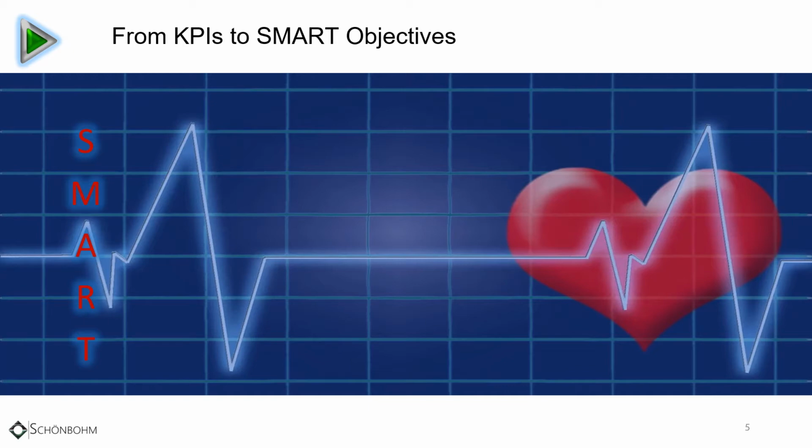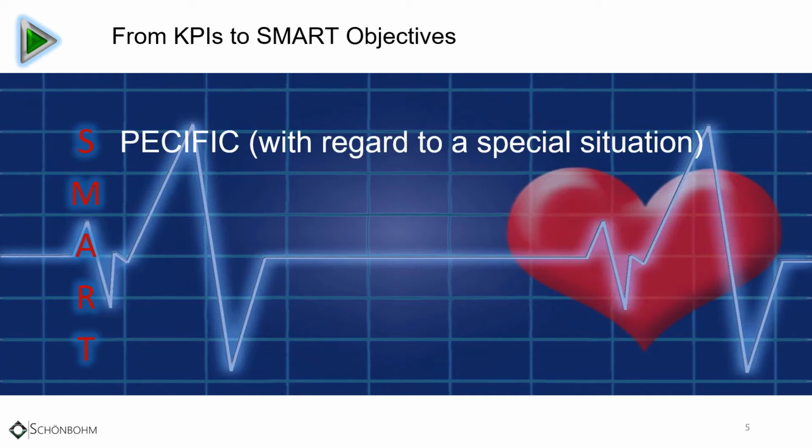But it's not enough just to come up with KPIs. At the end of the day, we should generate objectives and SMART objectives. And just in case that you haven't learned so far what SMART means, this is just a brief reminder. S stands for specific.